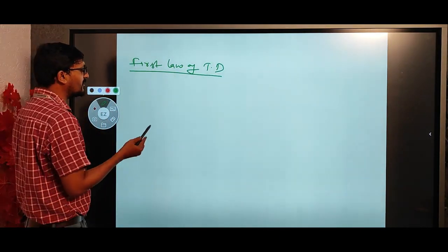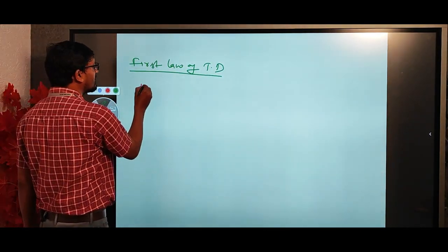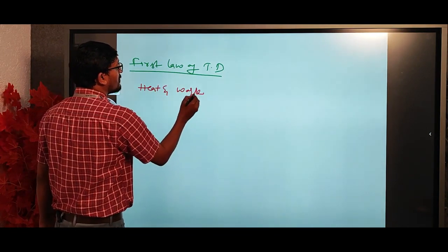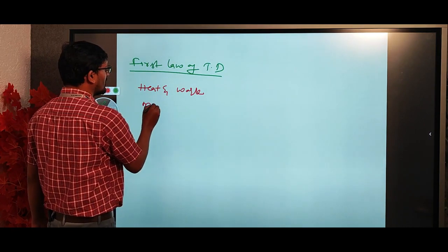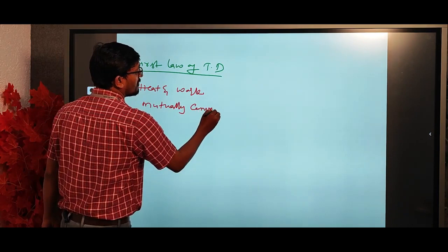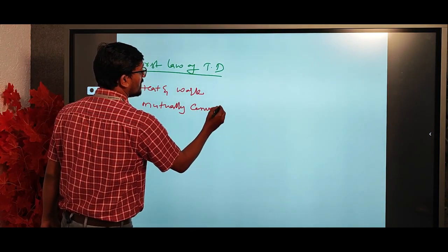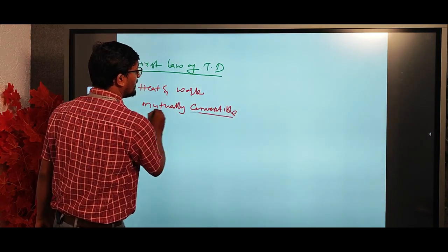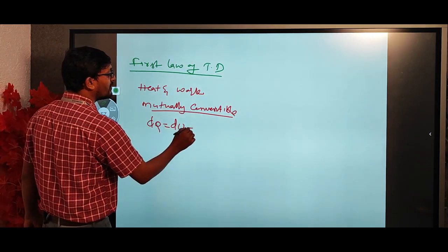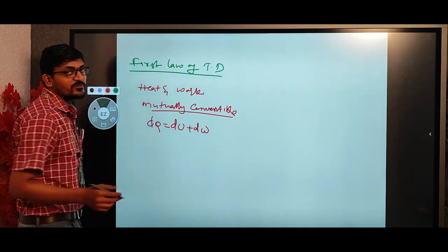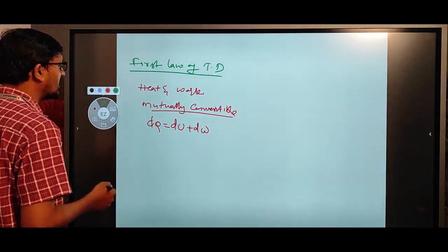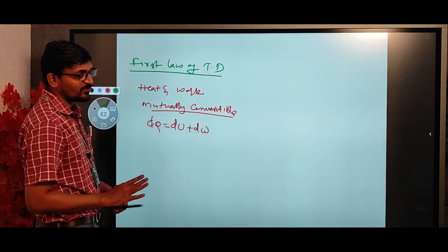In the first law of thermodynamics we can say that heat and work are mutually convertible. Okay, so what is the equation for the first law of thermodynamics? dQ equal to dU plus dW. Means we can convert heat into work or work into heat. Okay, this is about the first law of thermodynamics.